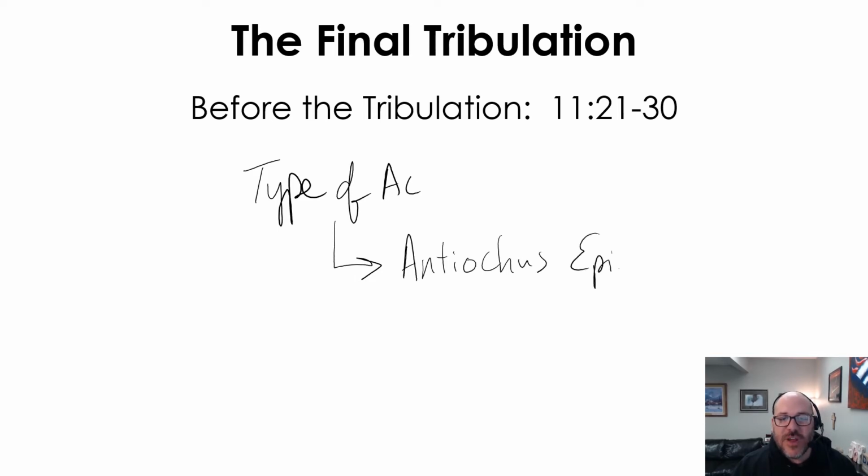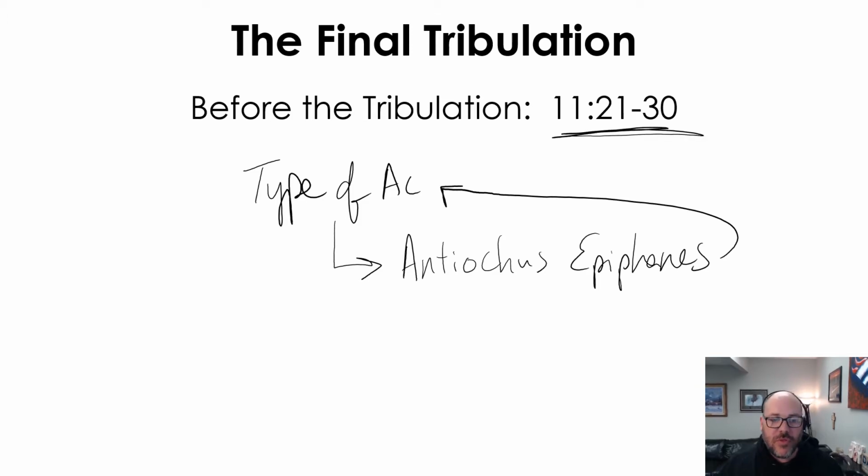And if you study his history, he did the events that are talked about in Daniel 11, verses 21 through 30 almost to the letter. So we can look at him as a type of Antichrist. As Daniel writes 11:21 through 30 and he gets that vision, we can see that fulfilled in part in Antiochus Epiphanes, but in full in the Antichrist himself.